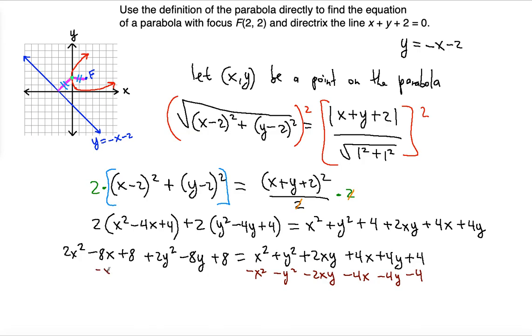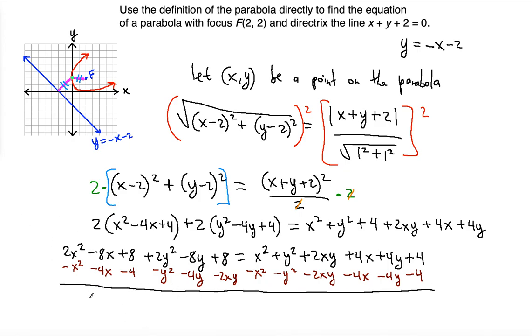I'm going to write everything down so you see what we're subtracting. If we do that correctly, look what's going to happen.